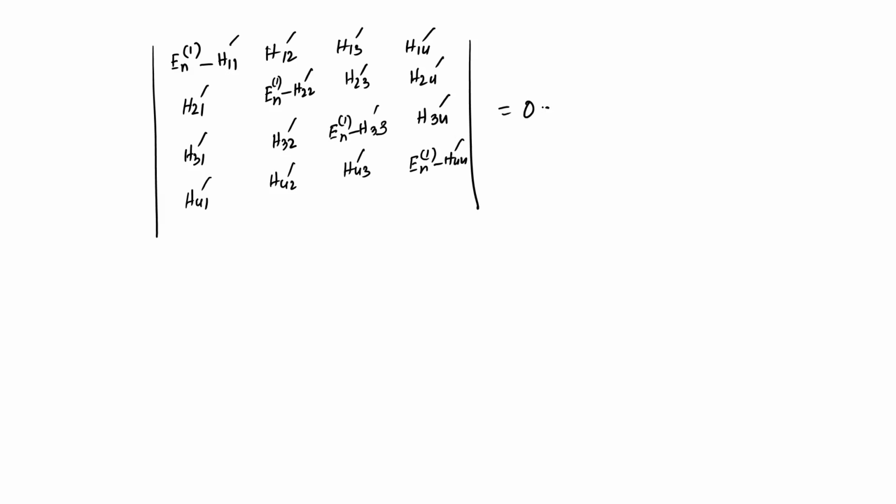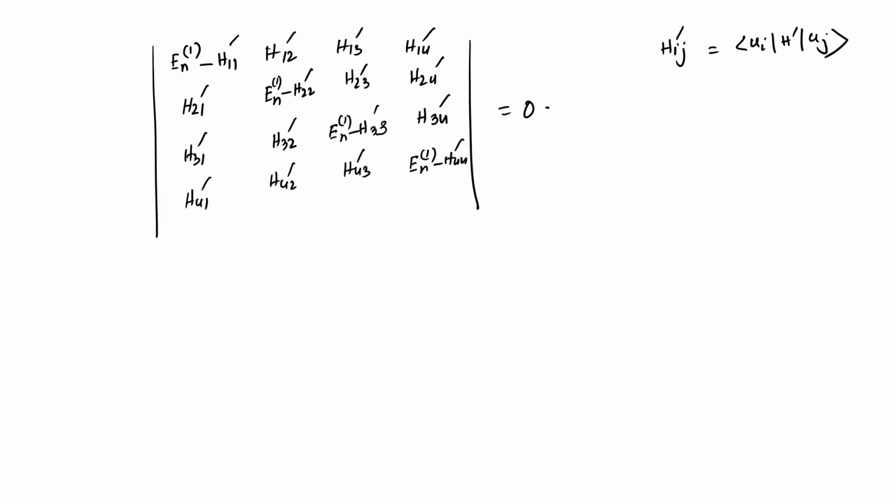This has to be equal to 0, and I hope you understand that Hij' is nothing but Ui H' Uj. So, that is the matrix elements of the perturbation term taken between the different degenerate eigenstates of the system.